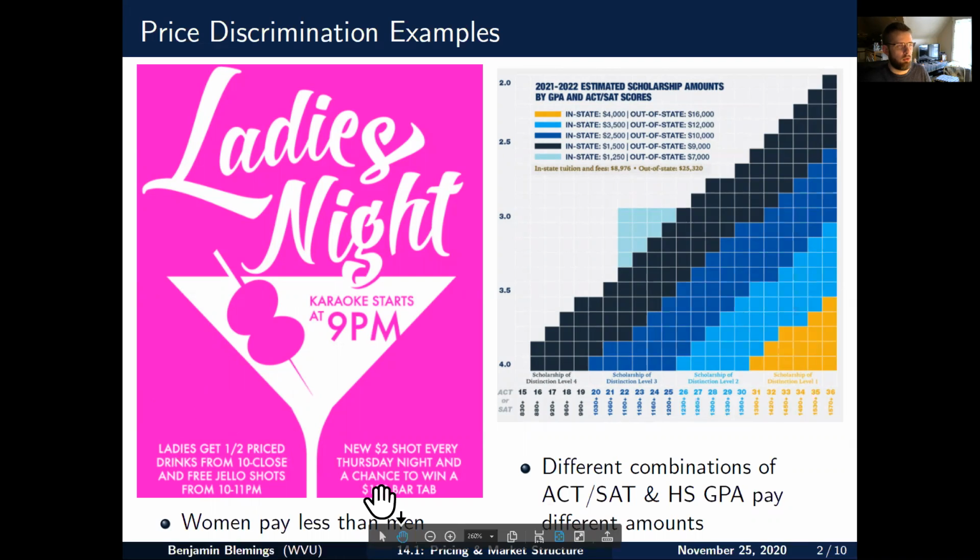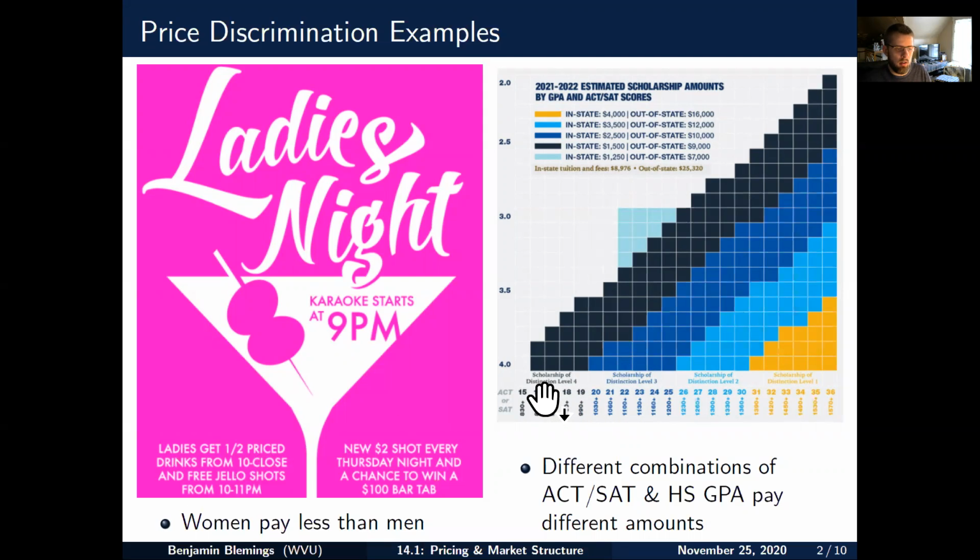One of those examples is a ladies' night, where ladies are getting half-priced drinks, so women are paying less than men, who are paying full price. Another example is college financial aid distribution.